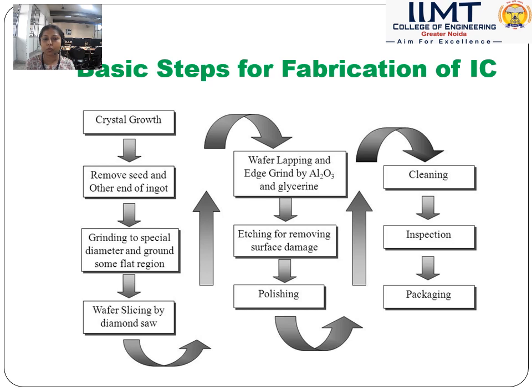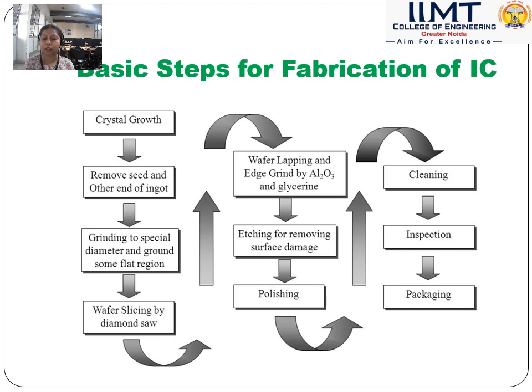As we know, the raw material used for semiconductor, silicon dioxide, reacts with carbon, and then we can obtain single silicon crystal. After the development of the single silicon crystal, we remove the seed and the other end of the ingot.